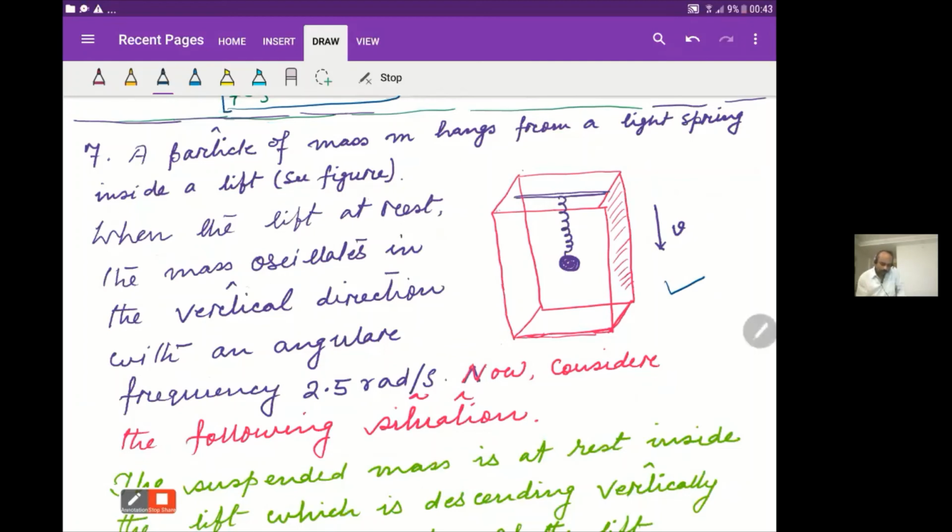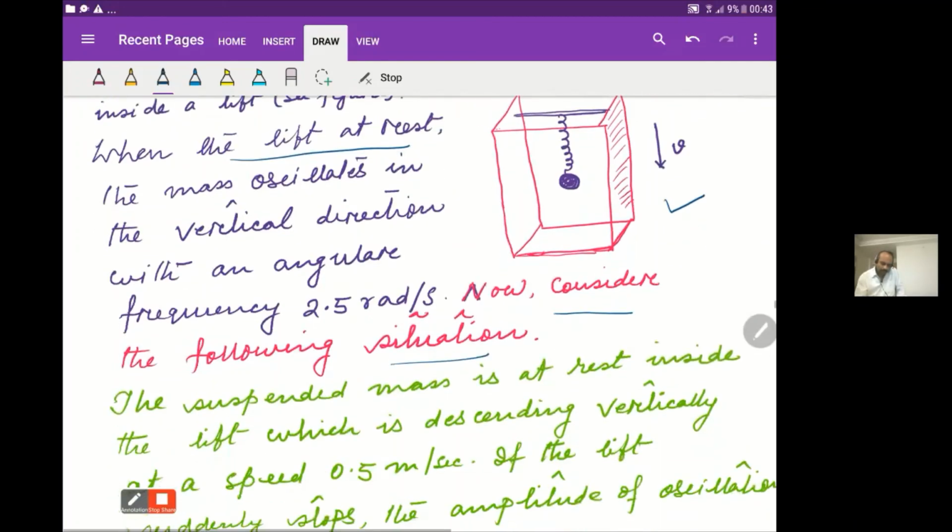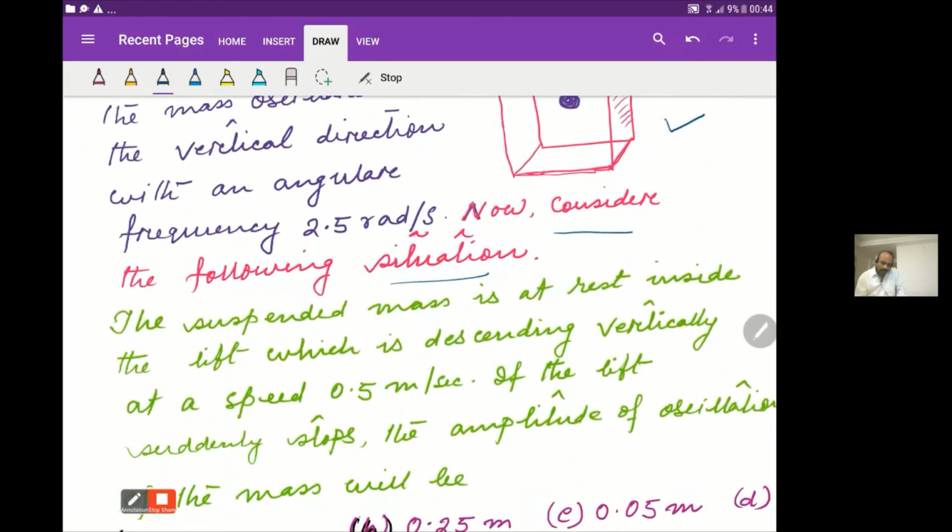Note what it says, when the lift is at rest, then we have that oscillation. Now consider the following situation. What is the situation? The suspended mass is at rest inside the lift, which is descending vertically at a speed 0.5 meter per second.